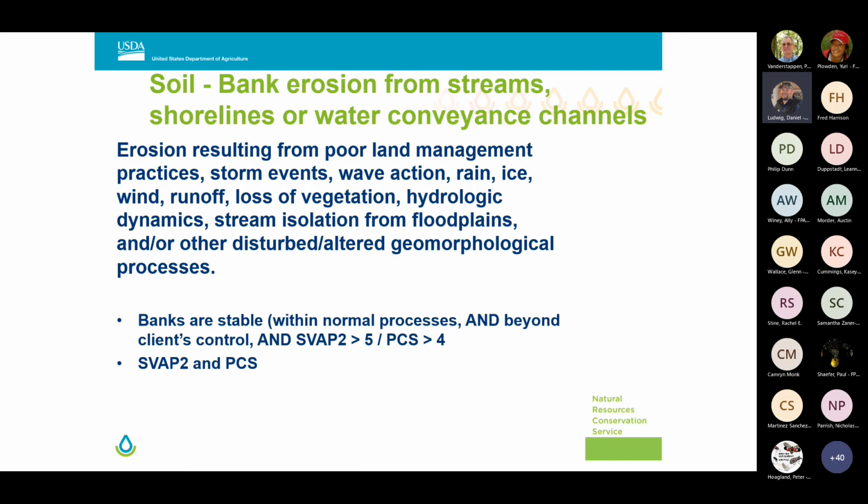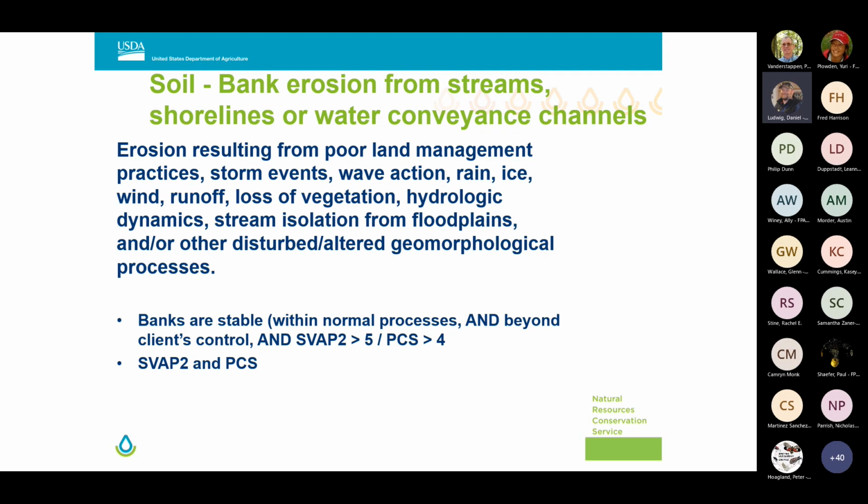Talk about bank erosion. Again, that's either from flooding events or animal traffic in pastures. Our evaluation tools out there, especially on pastures and land use, a lot of times are visual observation. We do have an evaluation tool for streams. It's called SVAP2, or Stream Visual Assessment Protocol 2.